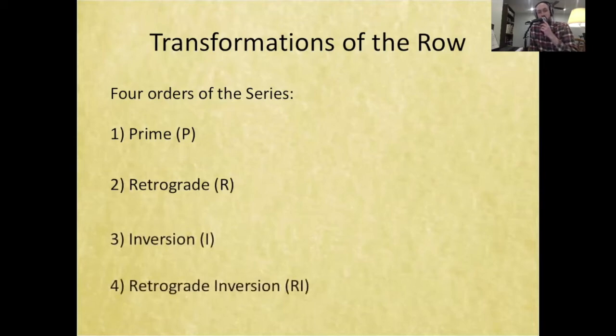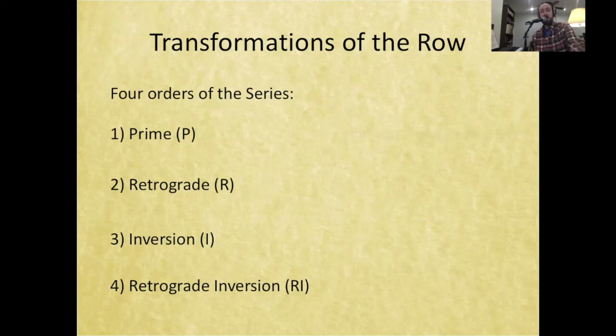So we've got retrograde, inversion, and then, of course, because this is the most fun thing ever, retrograde inversion. So these are our four main, by main I mean only, these are our four orders: prime, retrograde, inversion, and retrograde inversion, and they get these nice little abbreviations, P, R, I, and then RI for retrograde inversion.